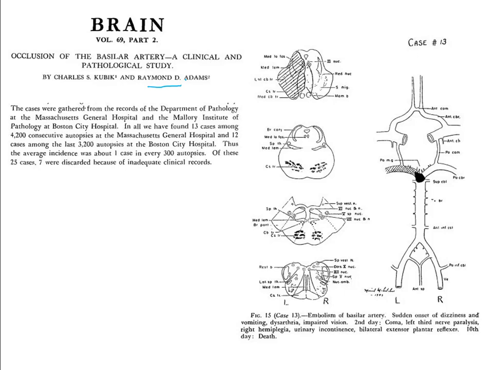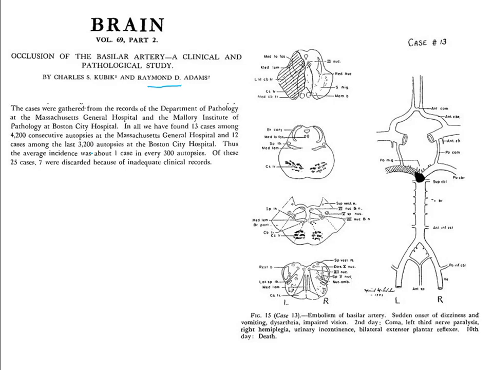And they looked at, it's a wonderful thing, I think I have the numbers here, 42,000 consecutive autopsies at MGH. That was probably about 5 years worth of cases. And 3,200 autopsies at Boston City, about the same 5 years. They went through those records. They didn't do a computer search.